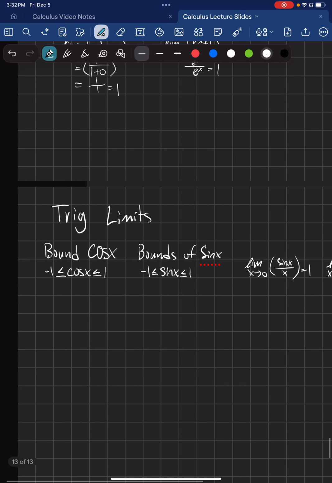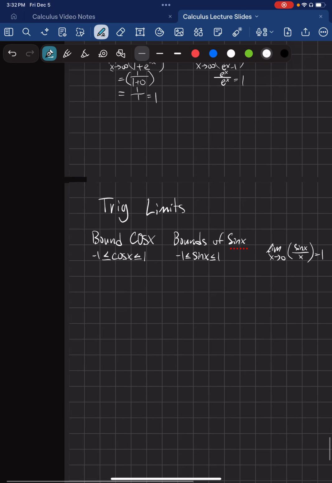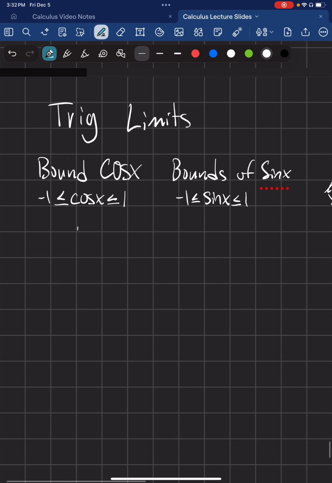Right. So first, let's break out what these bounds mean. Let's work this out graphically, to make this easier to see. For a cosine function, let's say this value here is 1, and this value here is -1.